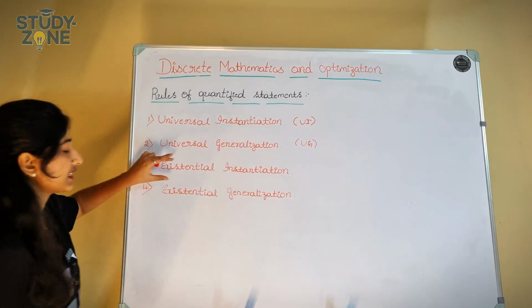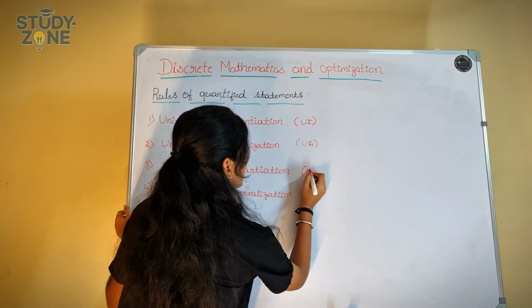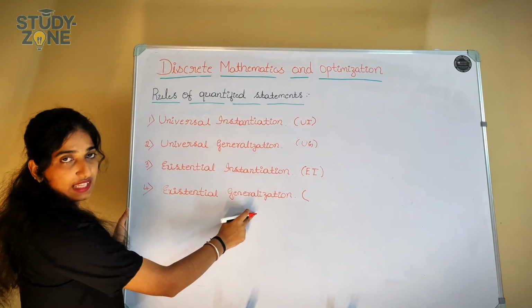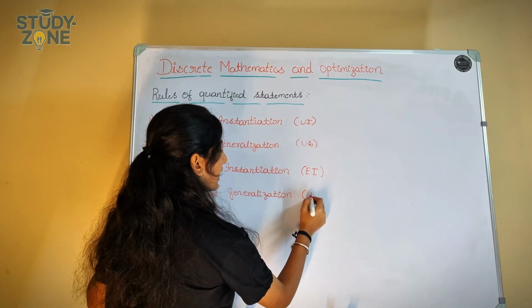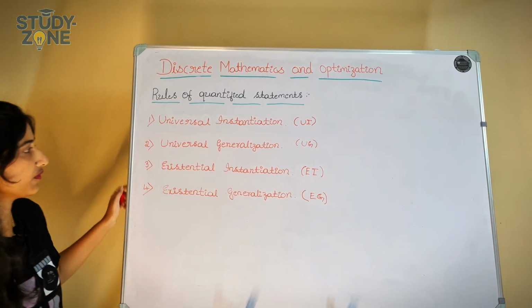And then existential instantiation, that is EI, and then existential generalization, that we can represent as EG. So let us go through them one by one.